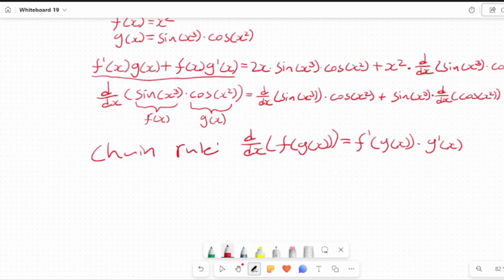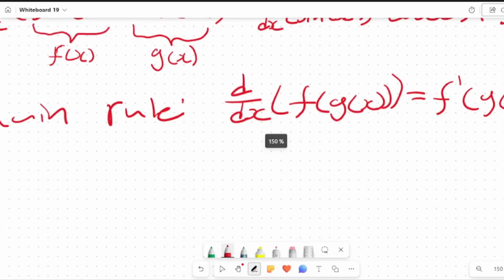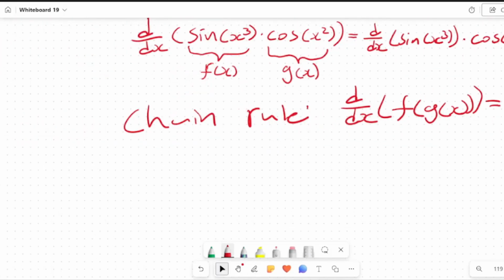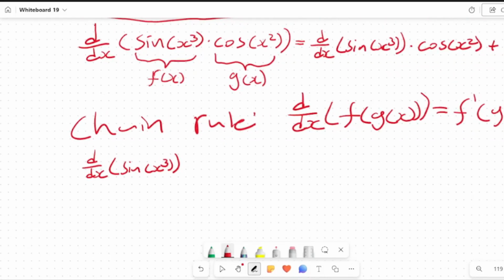Okay. So now we can actually properly solve this equation. So we have the derivative of sine of x cubed. It's going to be the derivative of our outer function, which is sine of x in this case.